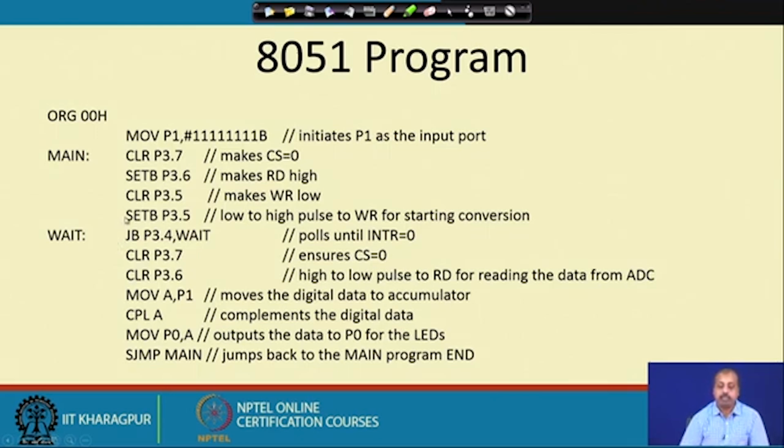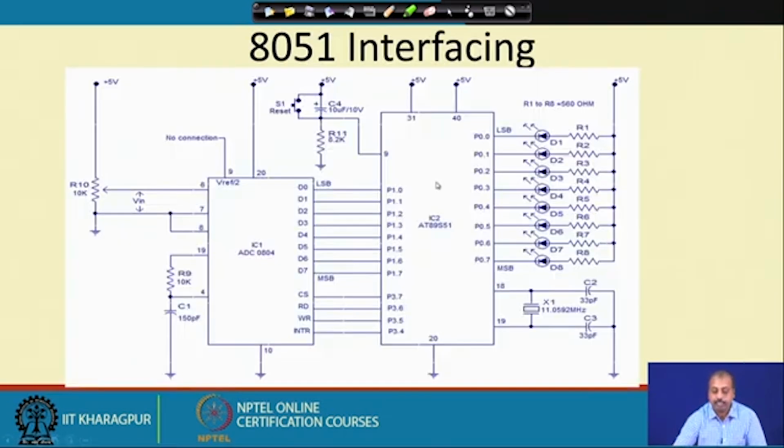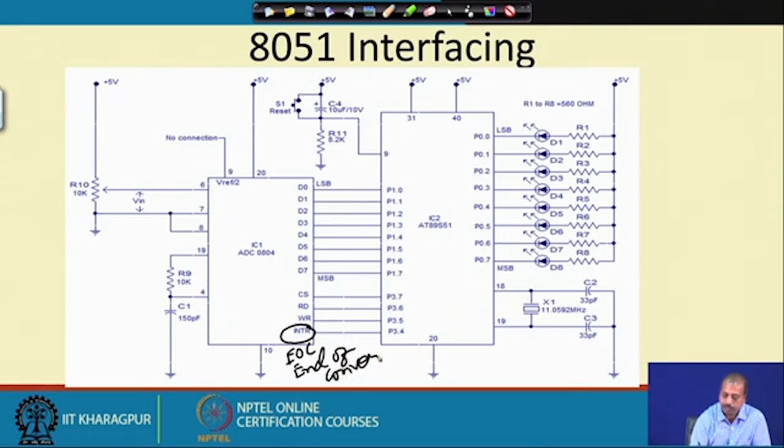In some processors we have this INTR signal. You will find that this INTR line is also known as end of conversion. In many cases you will find this pin written as EOC, or end of conversion, and the write line is the start conversion, as I have already said.